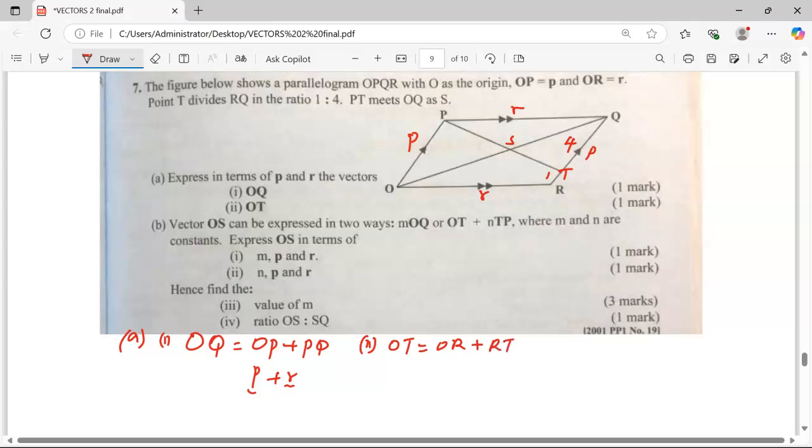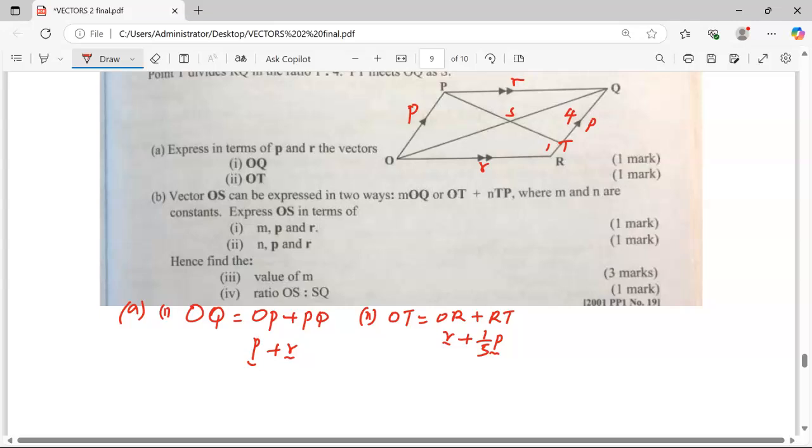OR is R vector, plus RT will be 1 out of 5 of the whole line RQ, and RQ is P vector, and that is the answer to that particular part.